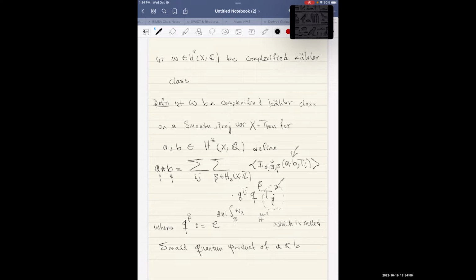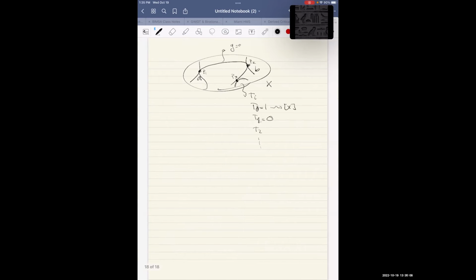So in some sense, it gives you a combination of Tj's coupled with coefficients, which tells us how many curves have intersection in this particular way with A, B and Tj. This curve is genus 0, so it's actually a P1. It's a map from P1 into the ambient variety.